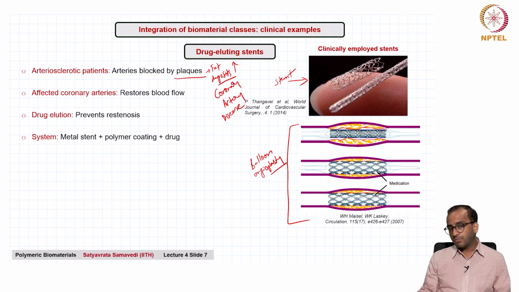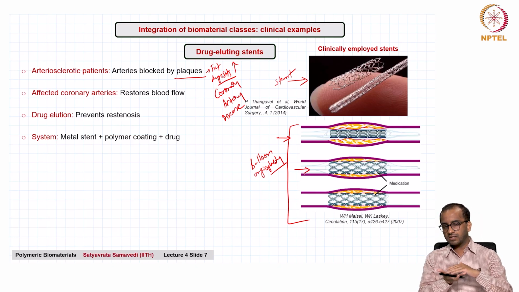So the stent is mounted on a balloon catheter, and then it's slowly inserted into the diseased artery in the first step. And then in the second step, the balloon is inflated, and that causes the stent to expand and settle into the wall of the arteries. And as it does that, it pushes away the plaque that was obstructing and locks it in place into the wall of the arteries.